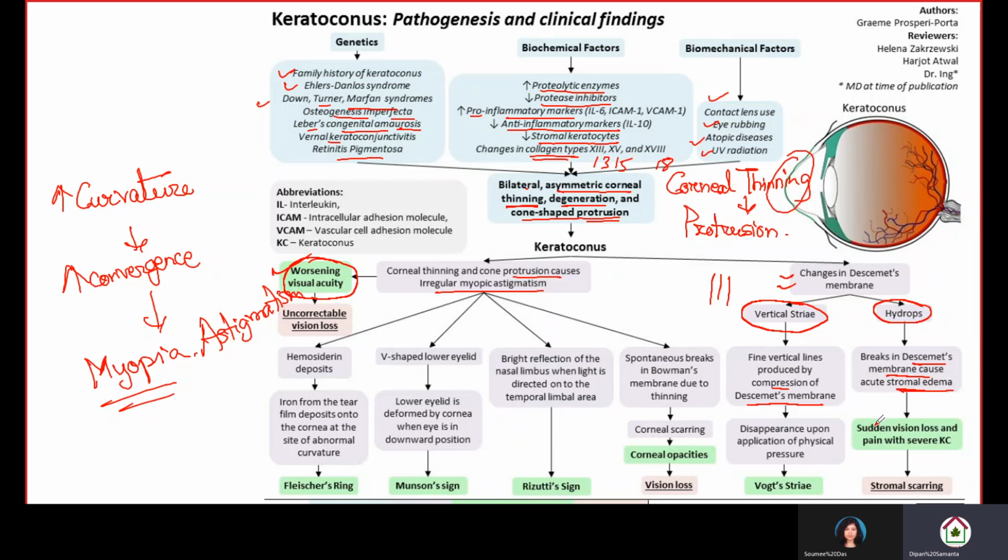This compression of Descemet's membrane will lead to disappearance upon application of physical pressure, leading to Vogt striae. And these hydrops will cause stromal edema, then sudden vision loss will occur and pain with severe keratoconjunctivitis. It means redness and all, and will lead to stromal scarring.